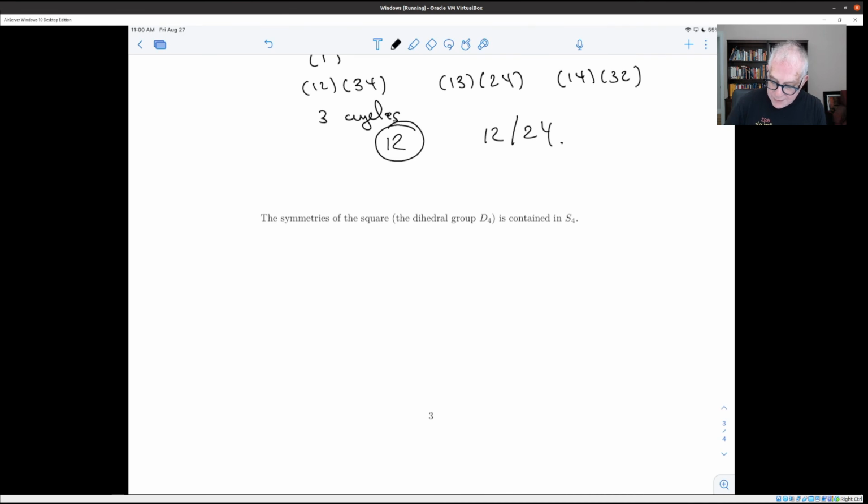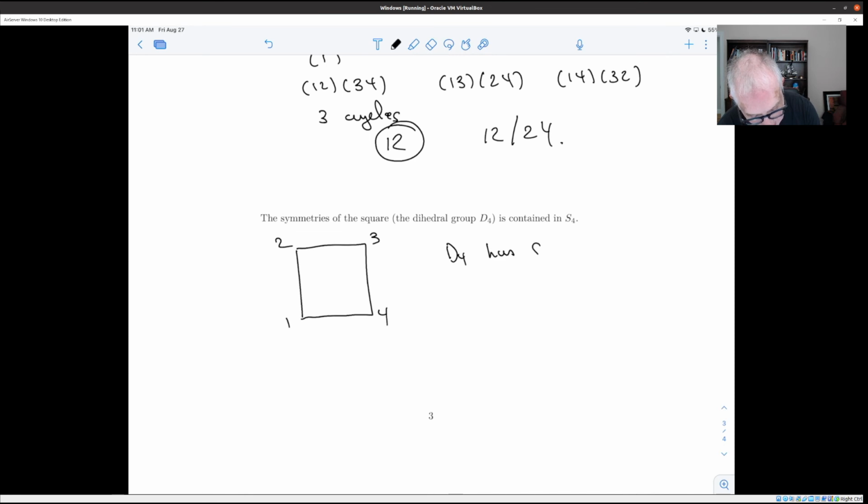And then maybe, I think the last example I wanted to look at is, we know one other subgroup of the symmetric group on 4 elements, which is the dihedral group, the symmetries of the square. So you remember the symmetries of the square, if we label the vertices 1, 2, 3, 4, then the symmetries of the square are given by the rotation. This is D4. We know this has 8 elements, but I'll just remind you what they are.